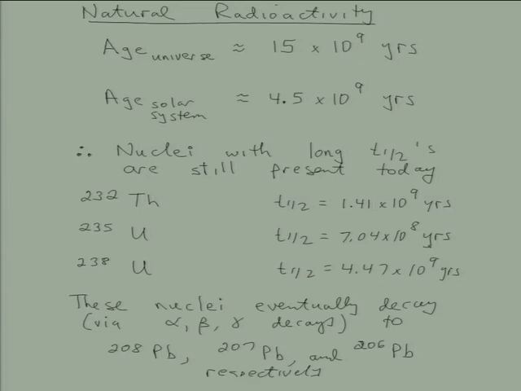They end up decaying by alpha and beta and gamma decay. And what eventually happens is the uranium and thorium decay eventually to stable nuclei of lead. 206, 207, 208 are the eventual decay products of uranium. And this gives rise to the ability to date the age of rocks based on looking at the atomic abundances of these things.